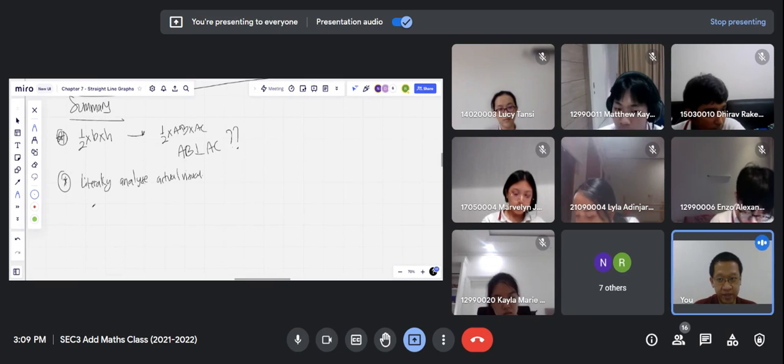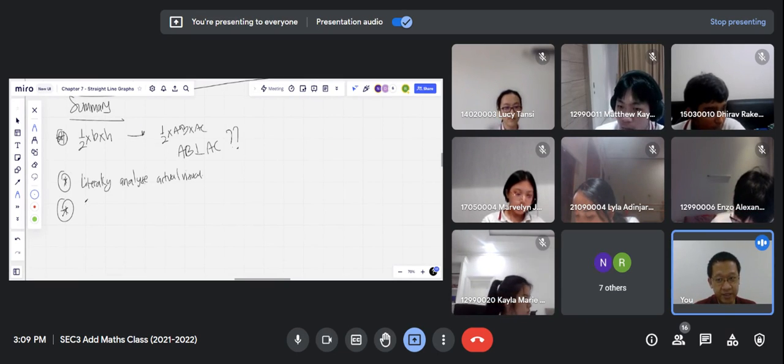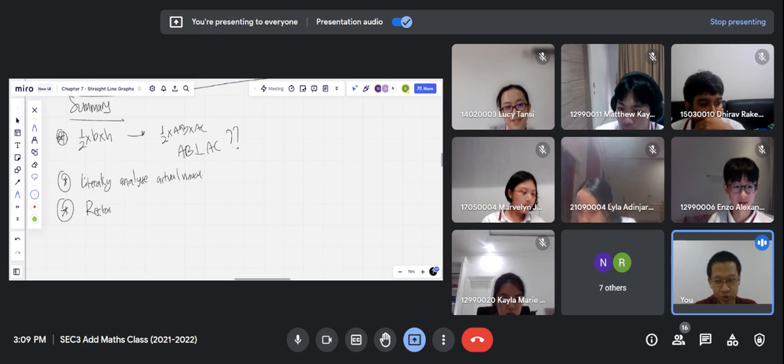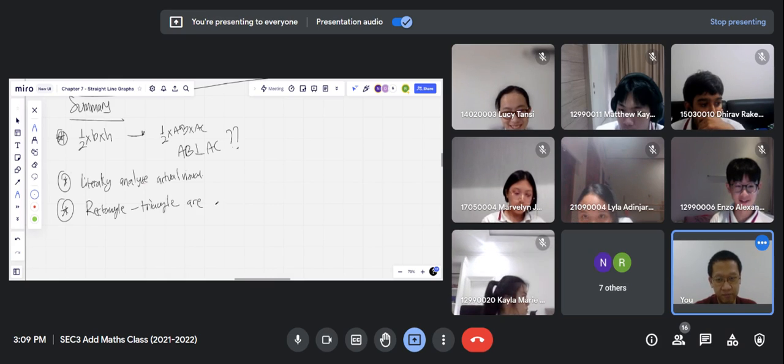And the third method that we could find, let me use Enzo's term, is the rectangle, triangle, area thing. You know what it means now.